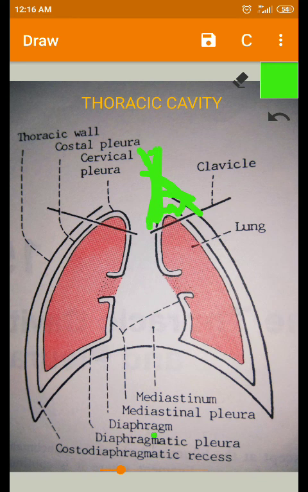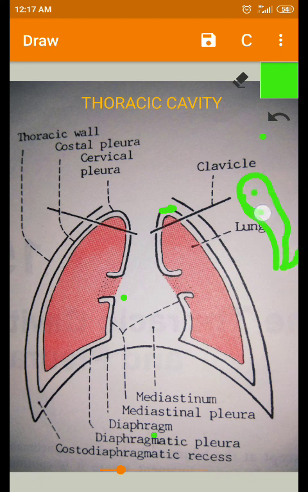Okay, this is about the costal pleura. Coming to the pulmonary ligament, as I have already explained, the parietal pleura surrounding the root of the lung extends downwards beyond the root as a fold called the pulmonary ligament.